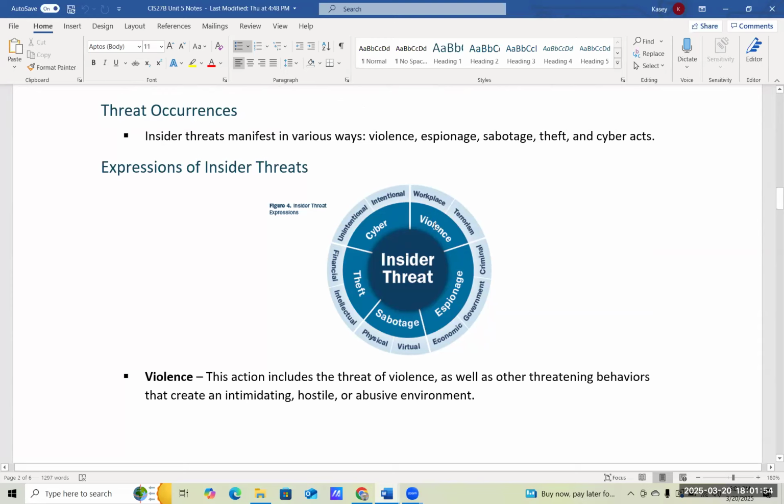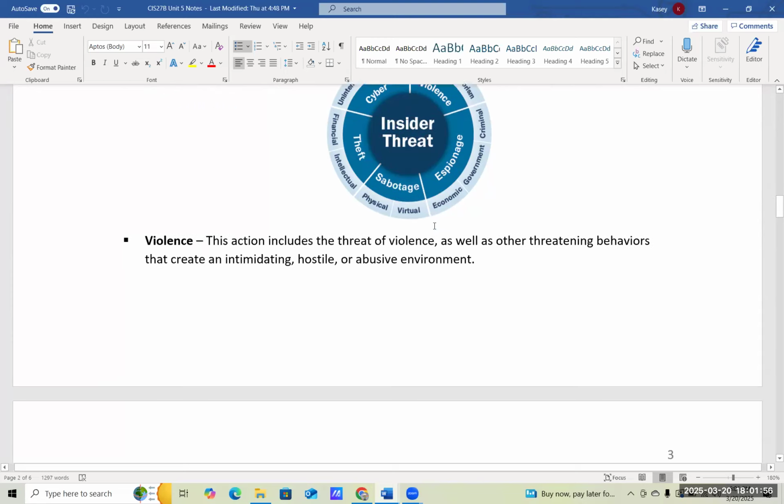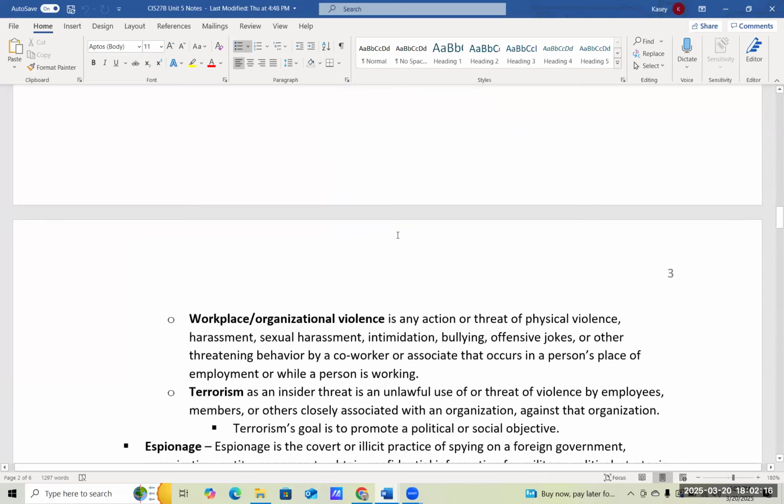And then there's the violence category: threatening behavior, hostile, abusive, intimidating, right? You see that with bullying, sexual harassment or other forms of harassment, threats, physical threats, and then workplace and organizational violence.